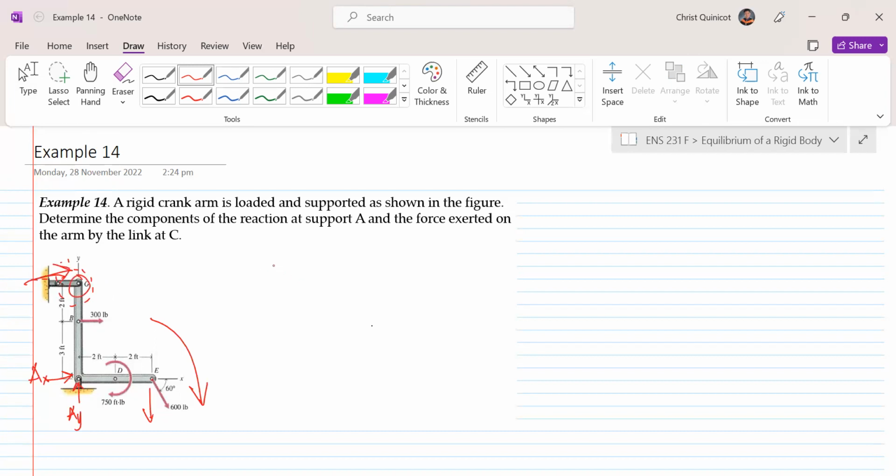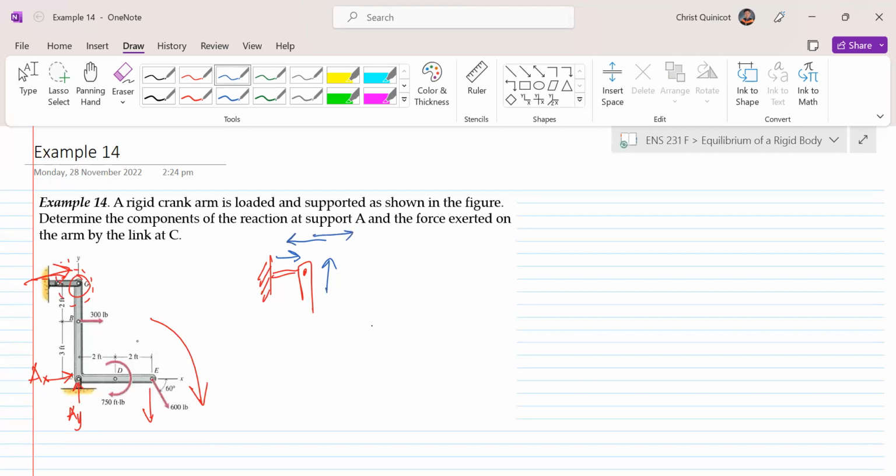Meaning if this is our solid concrete here, and the link is attached, it only supports one force, the horizontal only, no vertical. It will not move upward, it is either pulled toward here or pushed toward here.